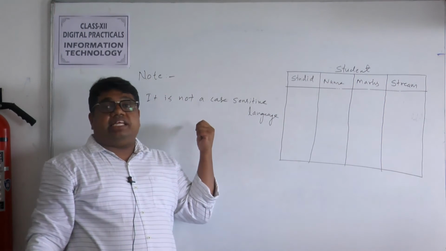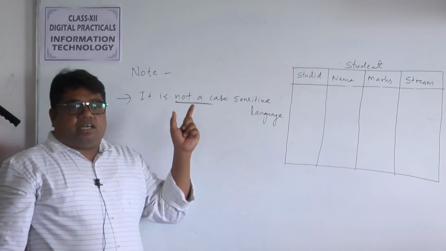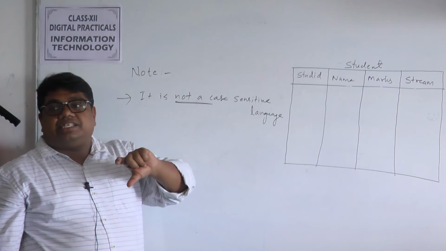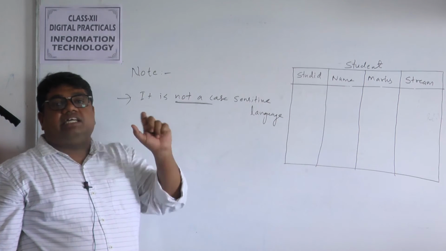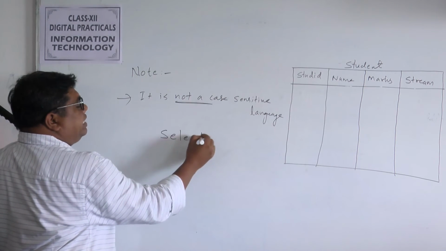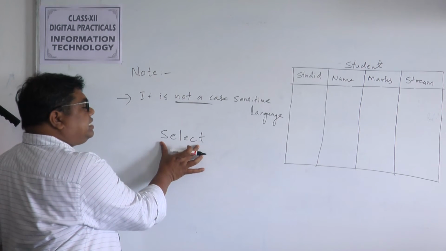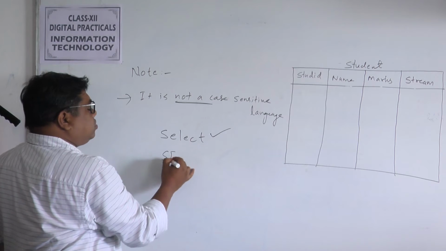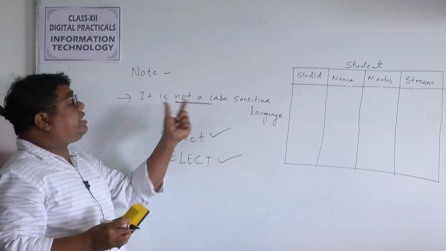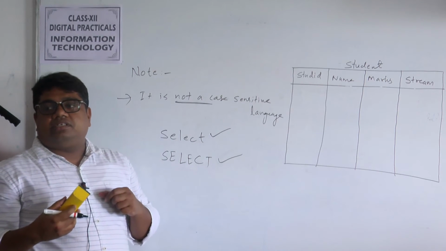But SQL is not a case sensitive language. That means uppercase and lowercase alphabets are the same. If I write a command, suppose the select command in MySQL, and I write everything in lowercase alphabets, it is correct, or I can write also in capital letters. It is also correct. That's why it is known as a not case sensitive language, whereas Java, which you are studying, is a case sensitive language.